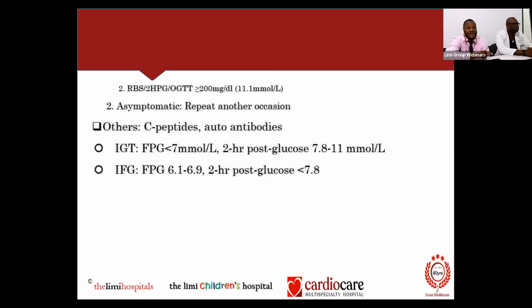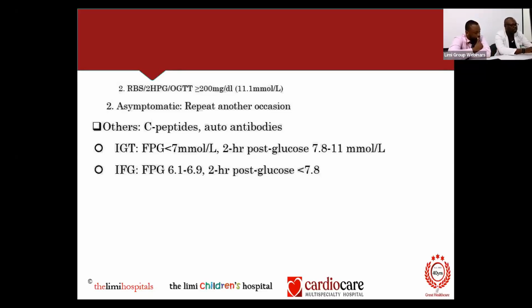For impaired glucose tolerance, the range is once the 2 hours postprandial, that's post-eating or post-glucose administration, is between 7.9 to 11 millimoles per liter, and the fasting blood sugar usually is less than 7. So that's for impaired glucose tolerance.